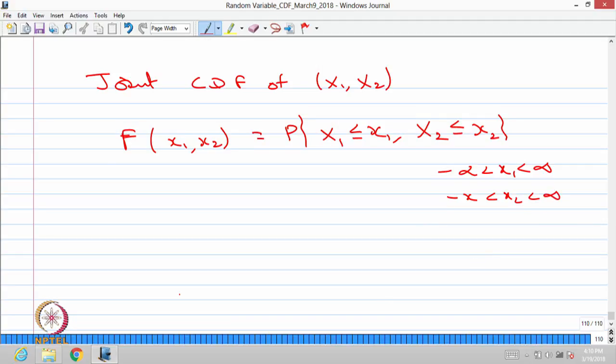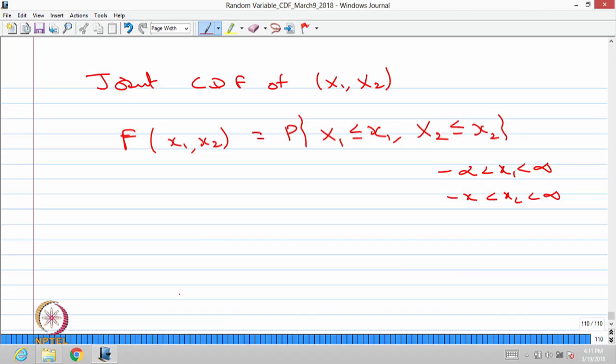In a similar way we have defined the CDF of a one-dimensional random variable. Now we are defining the CDF of two-dimensional random variable with the two variables small x1 comma small x2. That is nothing but the probability of capital X1 is less than or equal to small x1 and capital X2 is less than or equal to small x2.